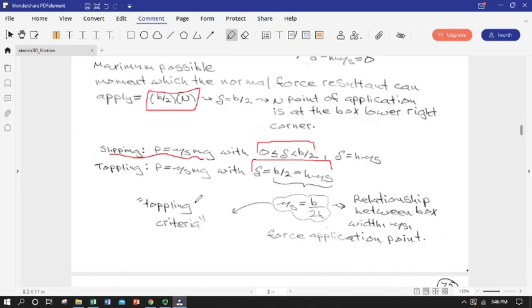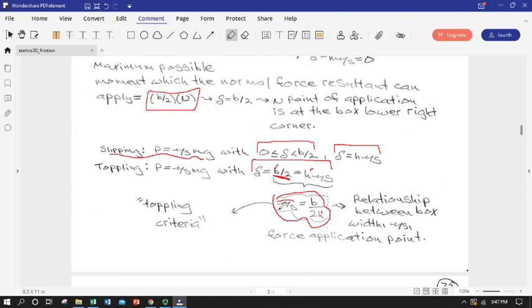If we want to define a toppling criteria, so a geometry, some kind of relationship between the box width, the height at which we're going to push on the box, and our coefficient of friction along the bottom of the box, we just take these relationships and our earlier definition of delta, and put them together, and solve for mu sub s in terms of h and b, and get mu sub s equal to b over 2h.